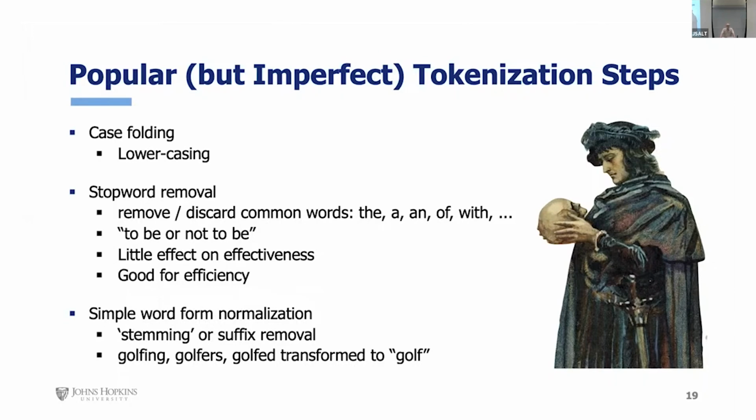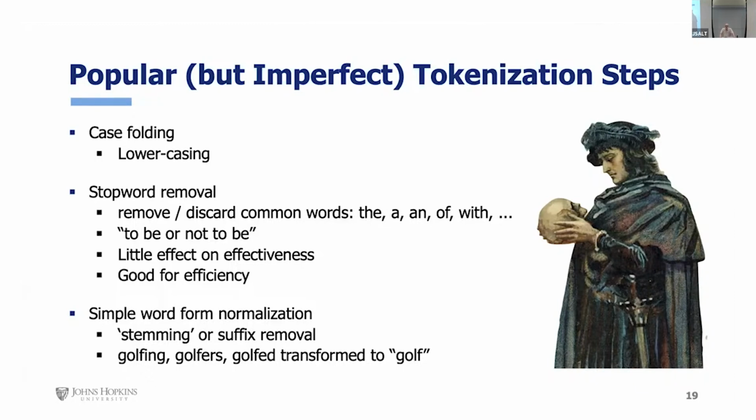Stop word removal is throwing away words that aren't going to help you. So most systems that tokenize English words will put "the" in the stop word list. It means anytime they see the word "the," you just throw it away.